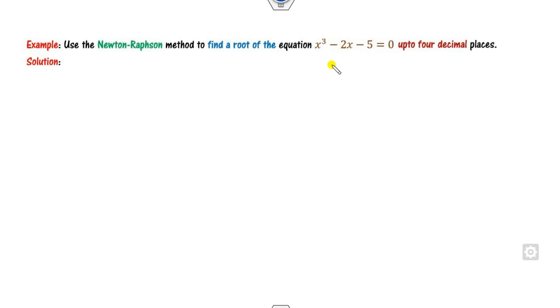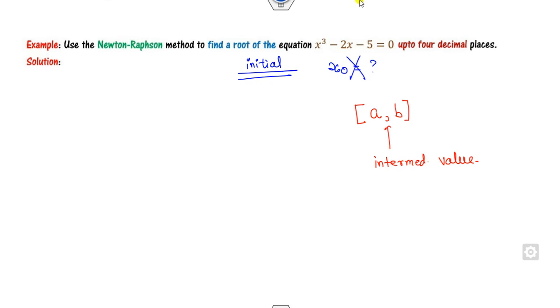Now first of all, you check whether the initial guess, the initial point x0, is given to you. No. So it means your first target is to find [a, b]. How do you find this? We can check the intermediate value theorem. What is the intermediate value theorem?